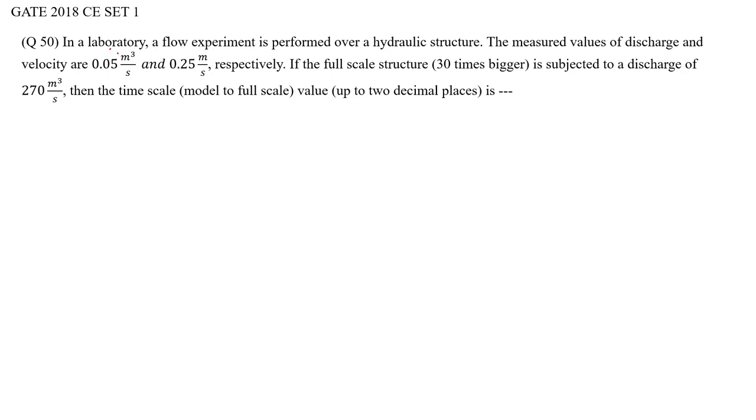Okay, so in a laboratory, a flow experiment is performed over a hydraulic structure. See, hydraulic structure means open surface, so the dominant dimensionless number is the Froude number.